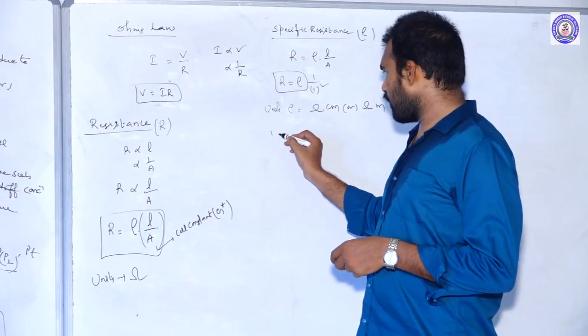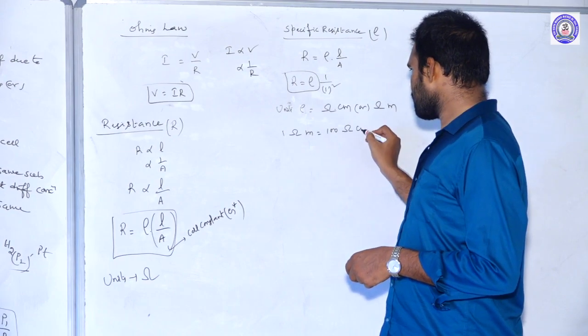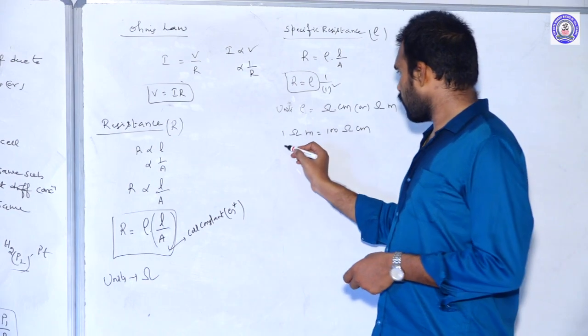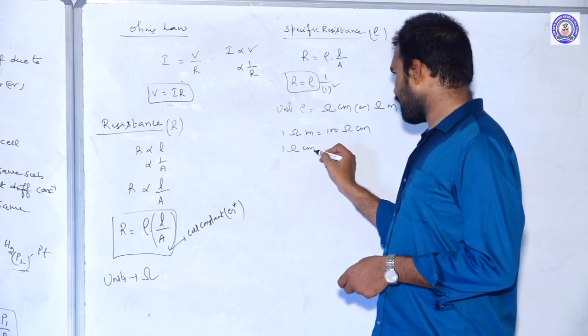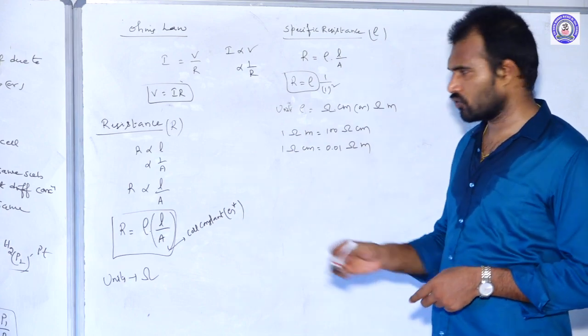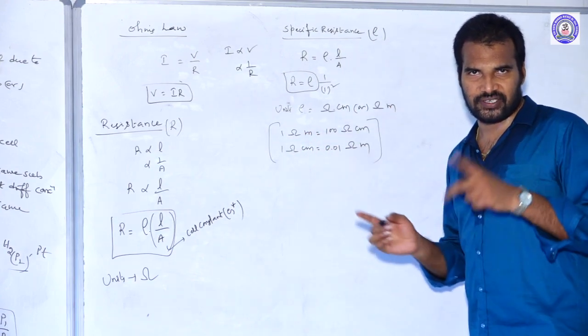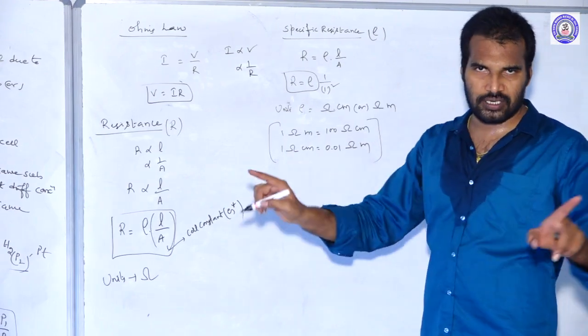Remember that 1 ohm meter is equal to 100 ohm centimeters, or 1 ohm centimeter is equal to 0.01 ohm meters. So remember this interconversion. That is about the specific resistance. Resistance and specific resistance are both finished.